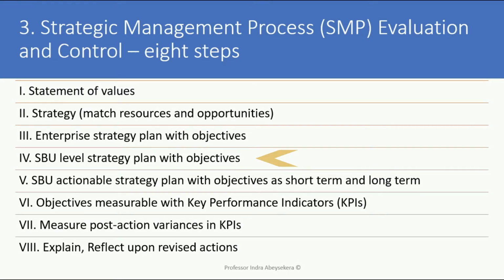Fourth, to examine strategic business unit level strategy plan with objectives. Fifth, examine strategic business unit actionable strategy plan with objectives as short-term and long-term. Sixth, examine objectives measurable with key performance indicators.